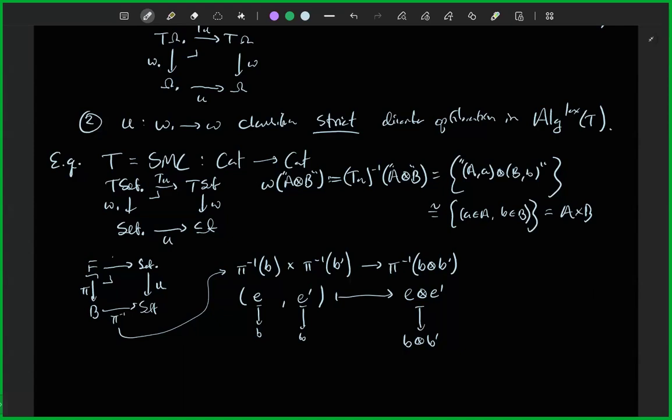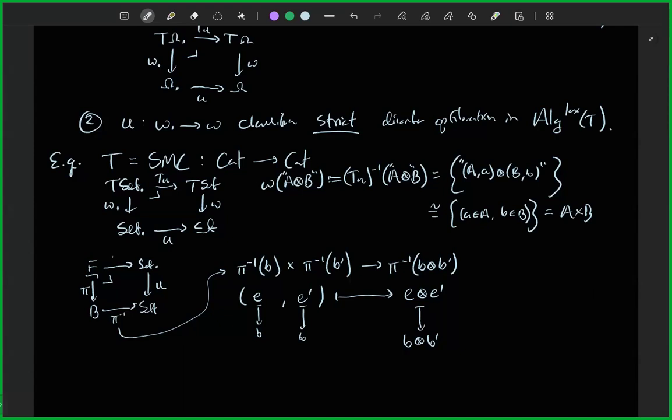So that's this example. To bring it back to the little sidebar we were having, if T was in fact the free strict monoidal category monad, right? Whose pseudo-algebras are monoidal categories. I don't think, by the way, that symmetric monoidal categories are pseudo-algebras for anything strict, except for themselves, of course.